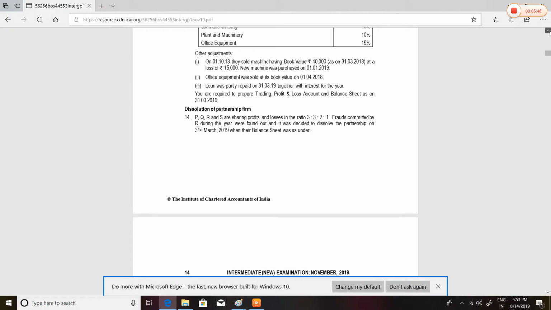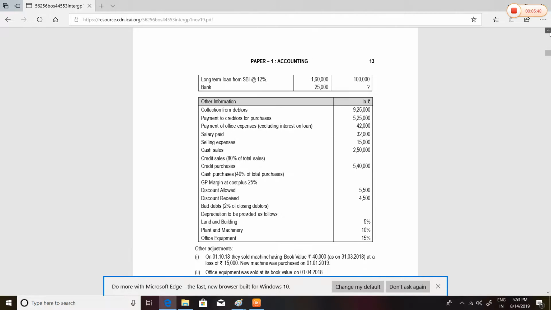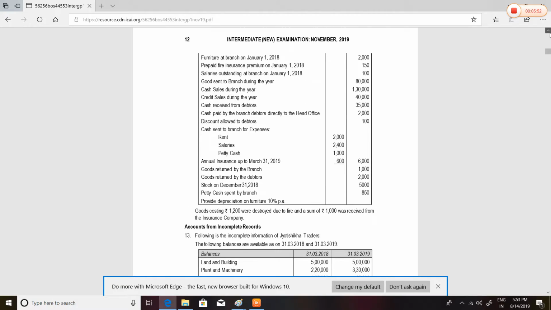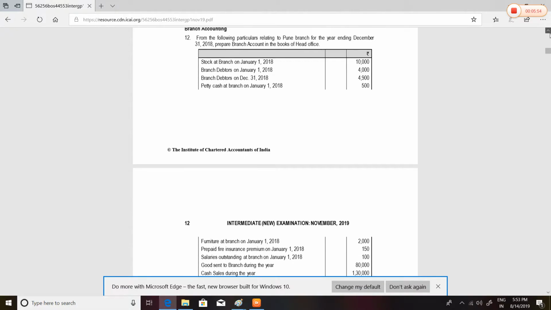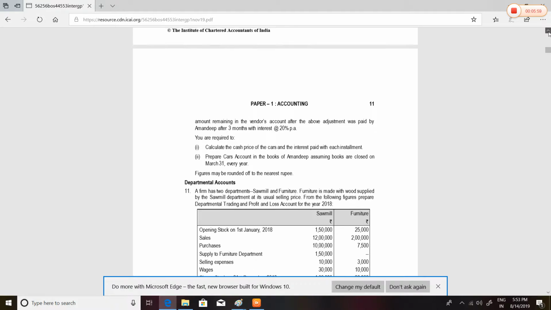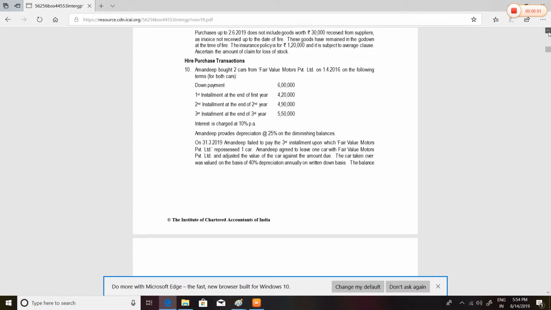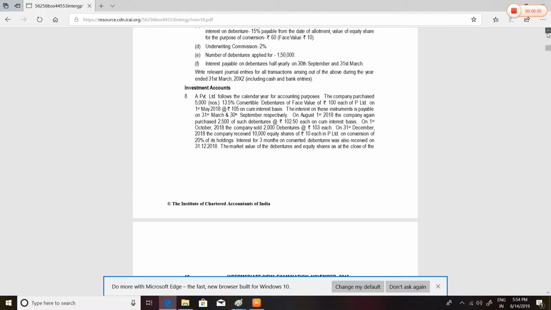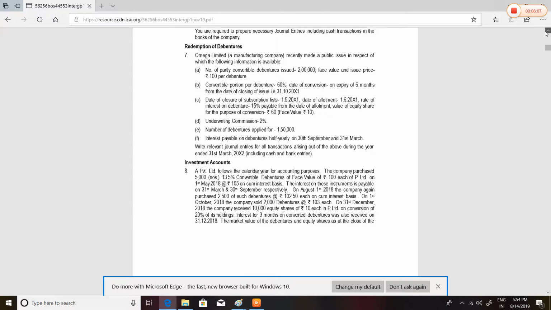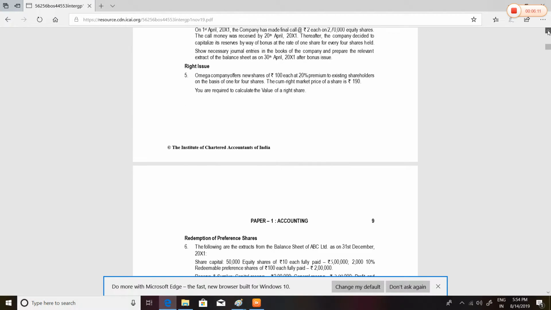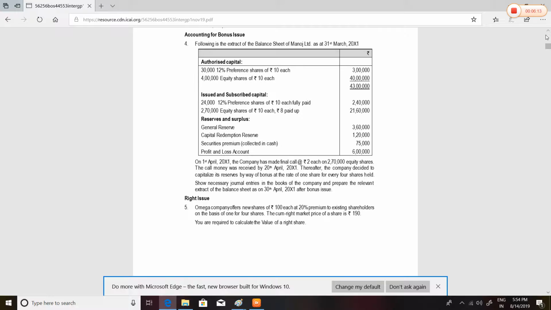One is question number 2, question number 10, question number 3. 9 is left, 8 is also left, 6 is done, and I think 5th and 4th are also done.